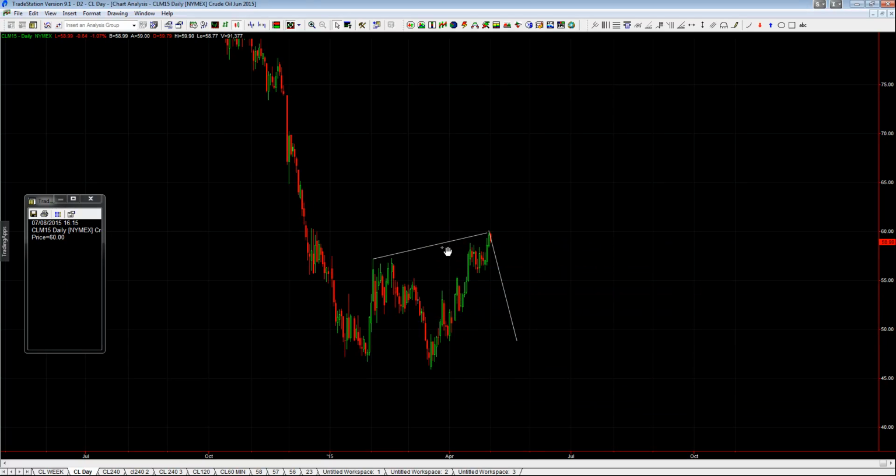Now obviously this is a daily chart, so the time frame for that is dependent on the last swings.